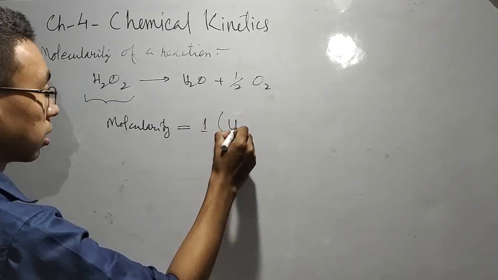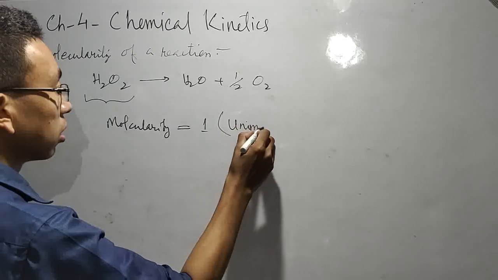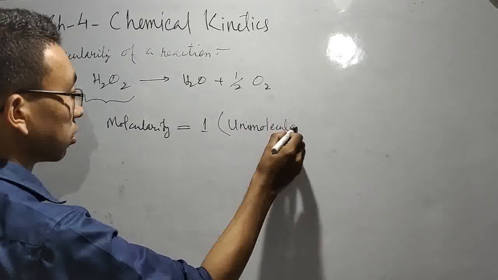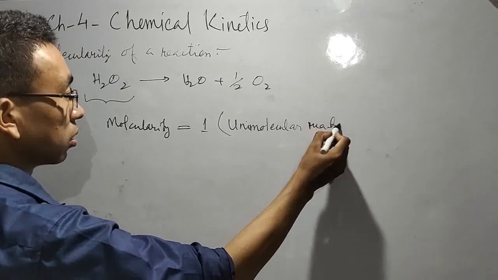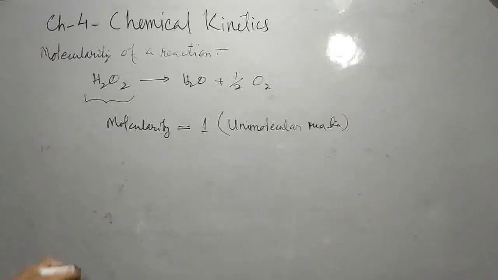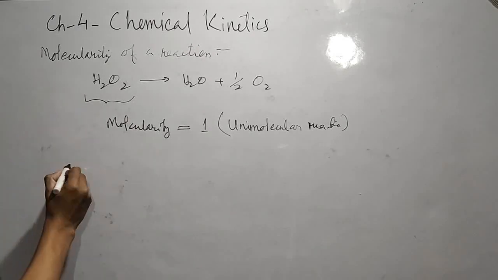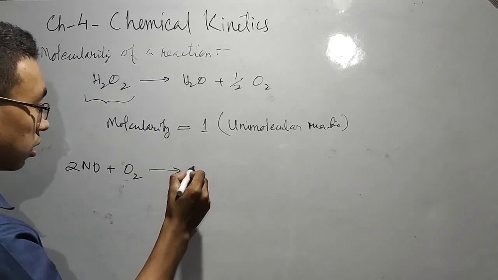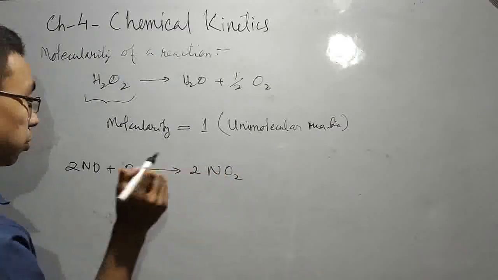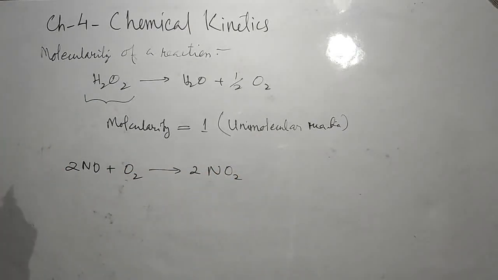This one we call a unimolecular reaction, because only one molecule reacts. If it is 2 it will be bimolecular, if it is 3 it will be trimolecular, and so on. Now I want you to find out the molecularity for this chemical reaction: 2NO plus O2 gives 2NO2.